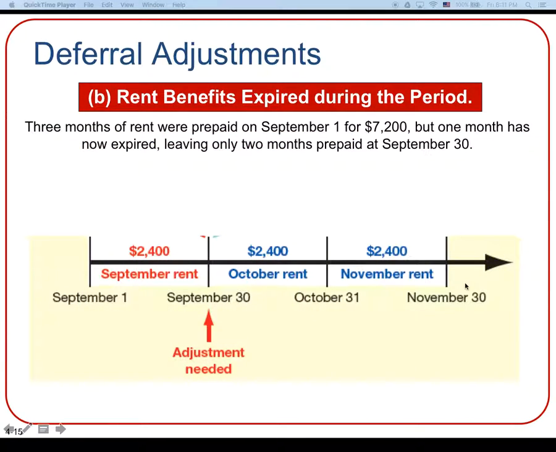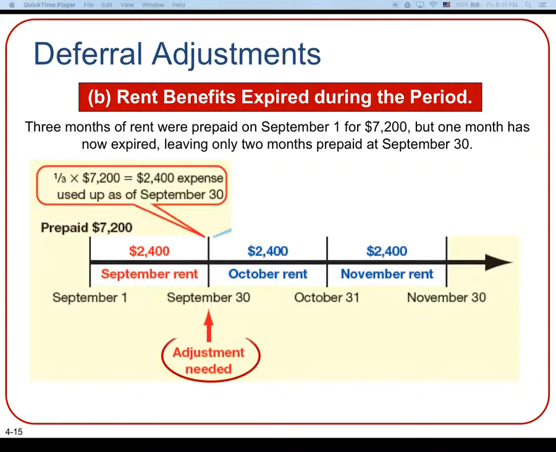Second one, the rent benefit expires during the period. So we prepaid 3 months of rent, right? If you look, this is $2,400. So we prepaid $7,200. That's 3 months' worth of rent we prepaid. When we prepay them, what do we call them? We call it prepaid rent, and prepaid rent is part of your asset.